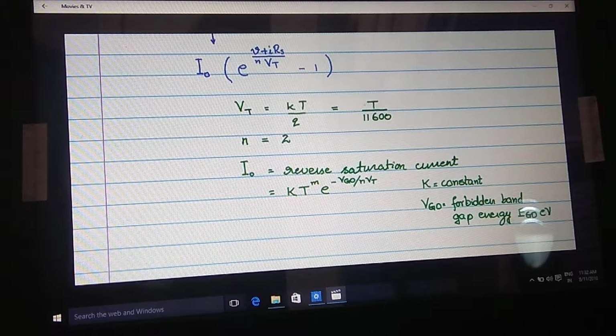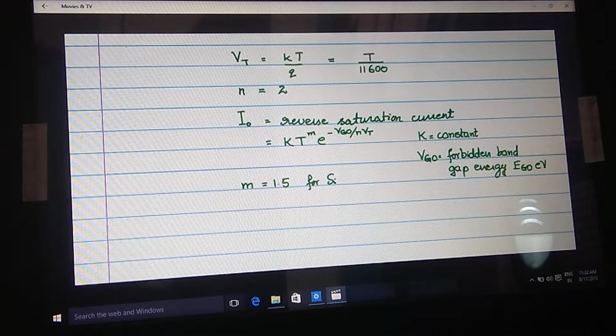Some typical values are like this. You have M, which is equal to 1.5 for silicon. And VGO varying from 1.16 to 1.21, again depends upon the grade of purification, whether it is electronic grade or solar grade.